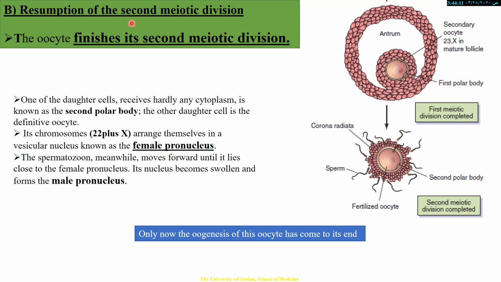This period could be 40 years, could be 50, could be 35, plus minus. And the second arrest is in the secondary oocyte.